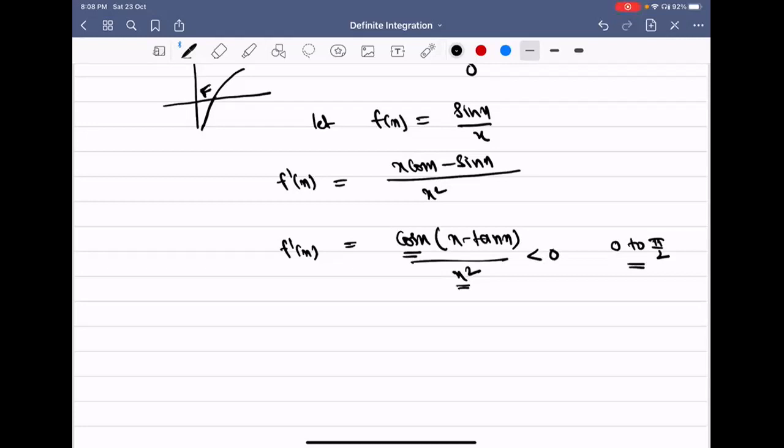That implies f of x is decreasing function in between 0 to pi by 2.